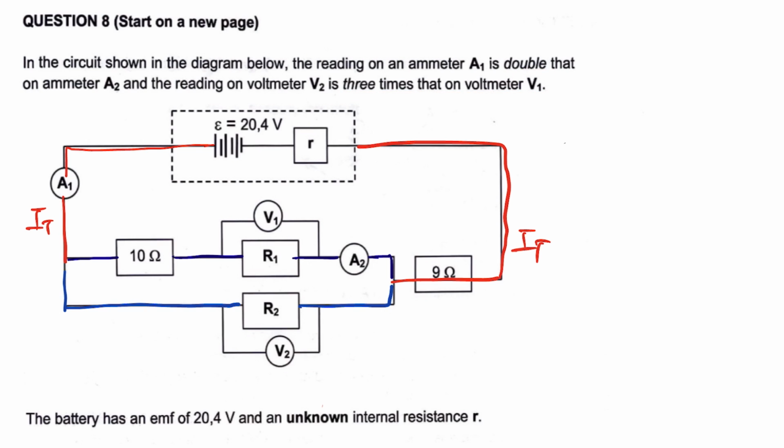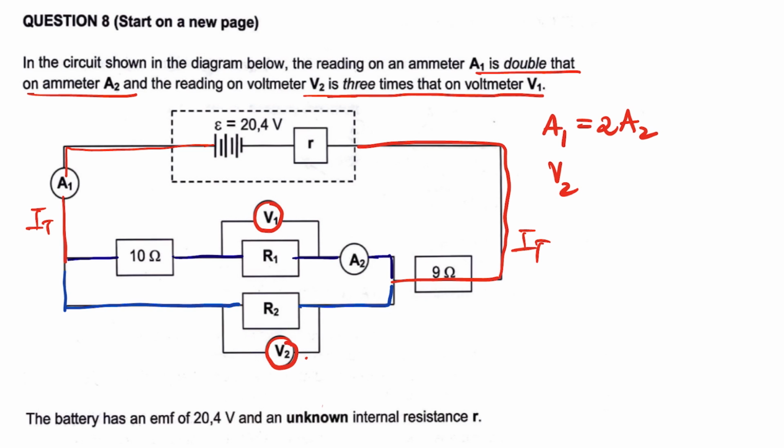Okay, so let me write these things here. The current in ammeter 1 is equal to 2 times the current in A2. That's what it means. And then it says the reading on voltmeter 2 is 3 times V1.